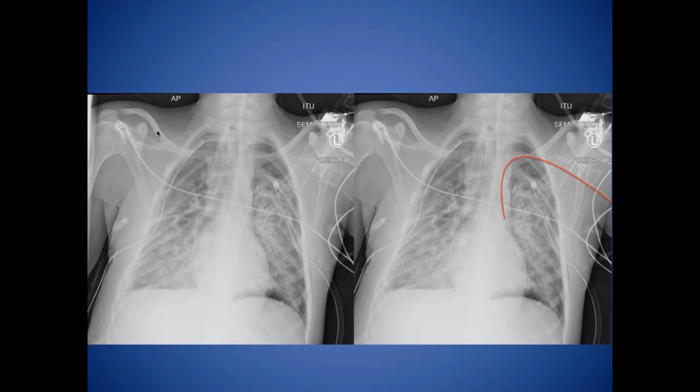Left SVC usually isn't a problem unless, of course, you are unaware of it, and this then causes some doubt as to where the line is. If you are familiar with this anomaly, you will have no trouble with it. Don't forget, if you instill intravenous fluids down this line, it could potentially cause arrhythmias because the left SVC goes near the conducting tissue of the heart.